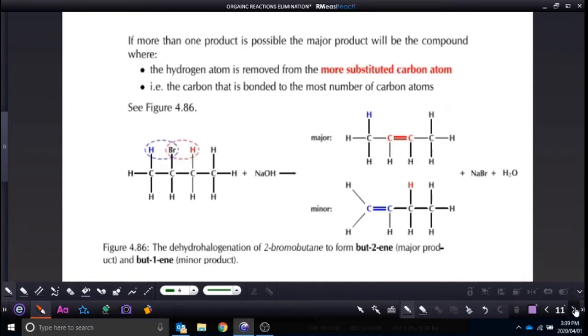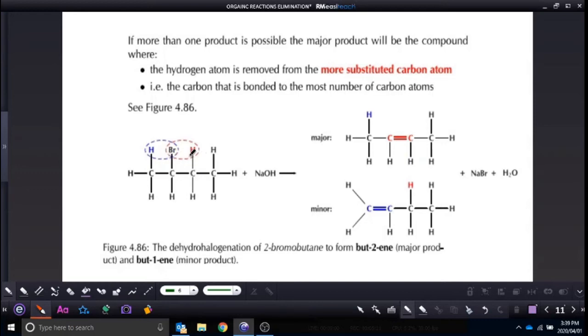Previously we talked about Markovnikov's rule. Now when we have an elimination reaction, we follow Zaitsev's rule. Zaitsev says the hydrogen atom is removed from the more substituted carbon atom, the carbon that is bonded to the most number of carbon atoms. So if we look at the bond here, the hydrogen and bromine can be eliminated on the left, on the blue side, or on the red side.